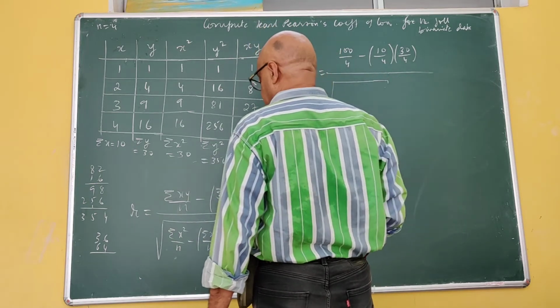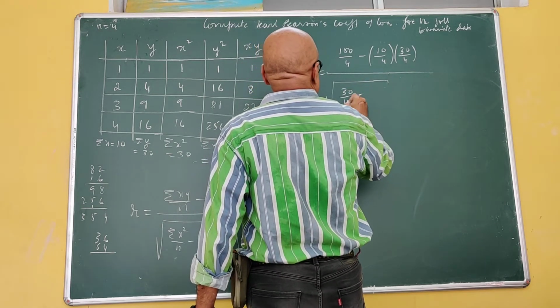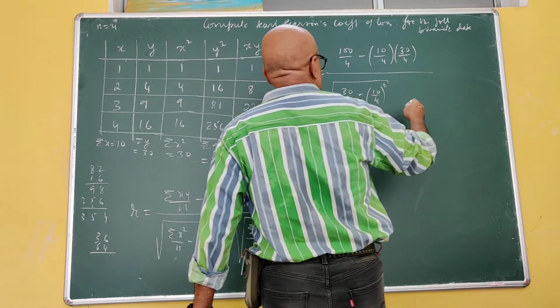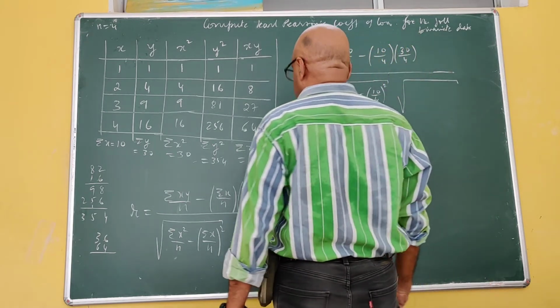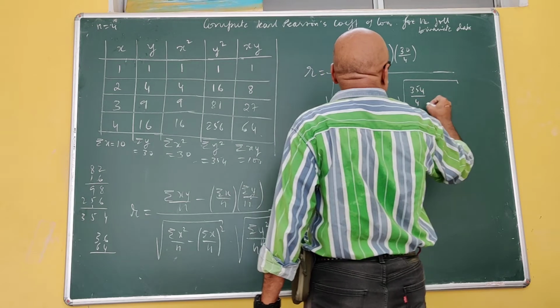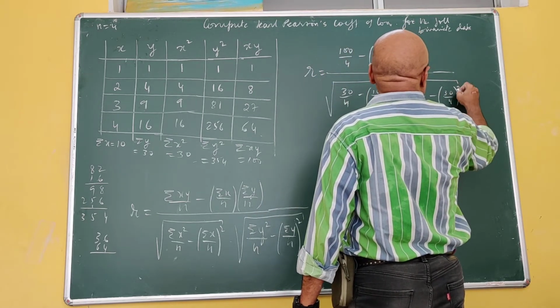Down below you have something like summation x square, that is 30 divided by 4, minus you have 10 divided by 4, whole square, and then you have another square root here, summation y square is 354, 354 divided by 4, minus you have 30 divided by 4, the whole square.